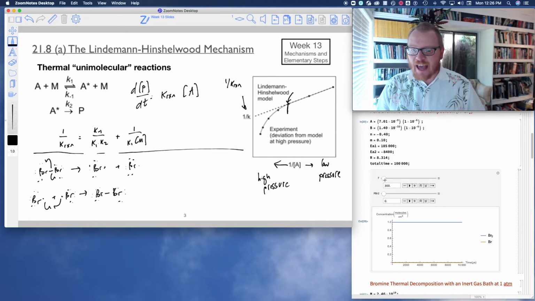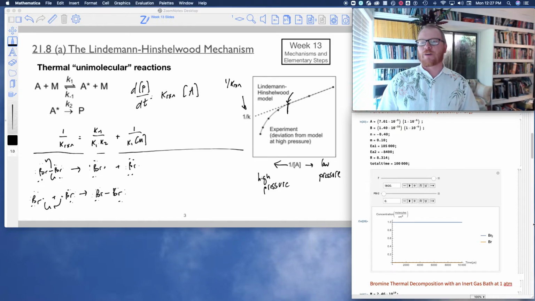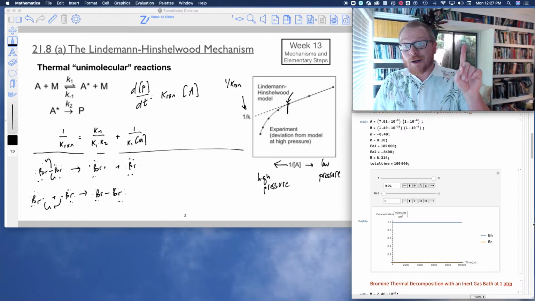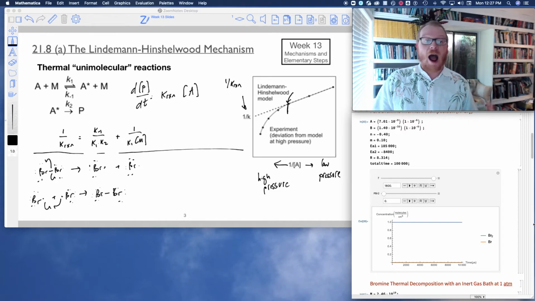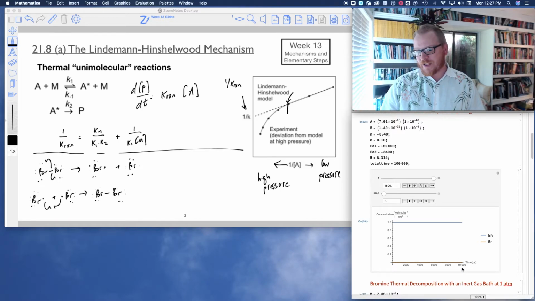As you might even guess, even if I crank this to 1800 Kelvin, nothing happens because I've only got one bromine molecule per cubic centimeter. So I am definitely way below the low pressure limit of this reaction. At 1 molecule per cubic centimeter, nothing reacts, at least not over the 10,000 microseconds, okay?